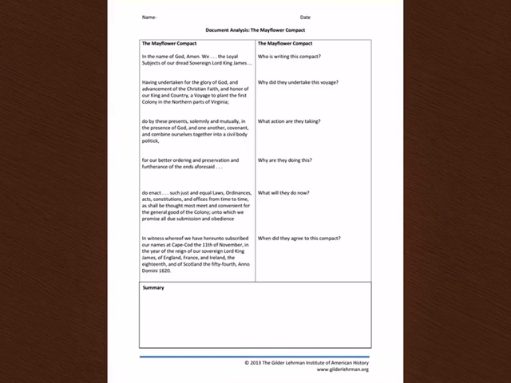Okay, and so what you're going to do is based on your answers to all of these questions, take your answers, since you were supposed to answer the questions using your own words. Then being able to write the summary in your own words should be fairly easy, because what you'll do then is take your answers and put it into a paragraph in your own words, summarizing what the Mayflower Compact says.